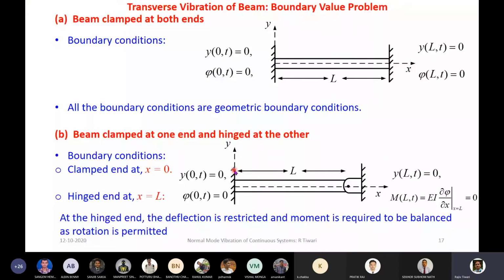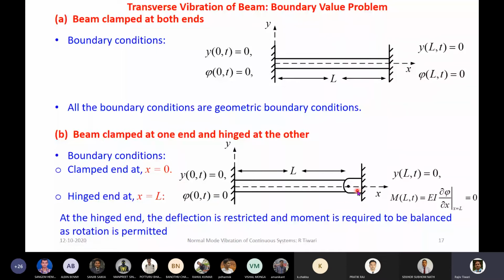Now if we take one of the ends as fixed, but the other is hinged, it's something like a pin joint. The beam is joined by a pin. Once the beam is joined by a pin, what is the freedom this beam is having? The slope at this end will not be 0. So let us see the boundary conditions. Because this is the fixed end, the same boundary conditions will be there at the fixed end: displacement is 0, slope is 0.